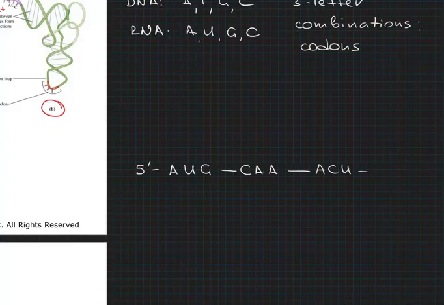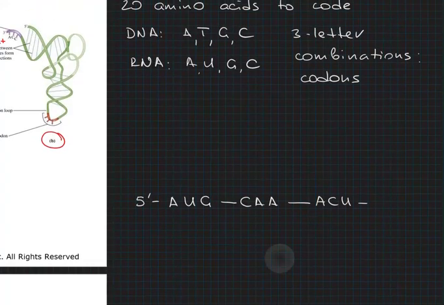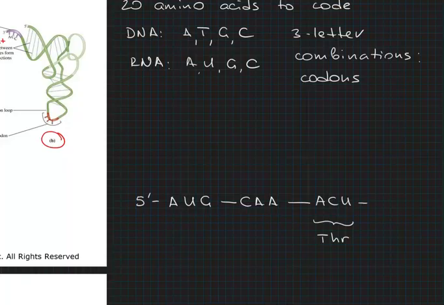Okay? So how does a tRNA recognize which amino acid it should incorporate into a protein? Well, ACU is the code for the amino acid threonine.